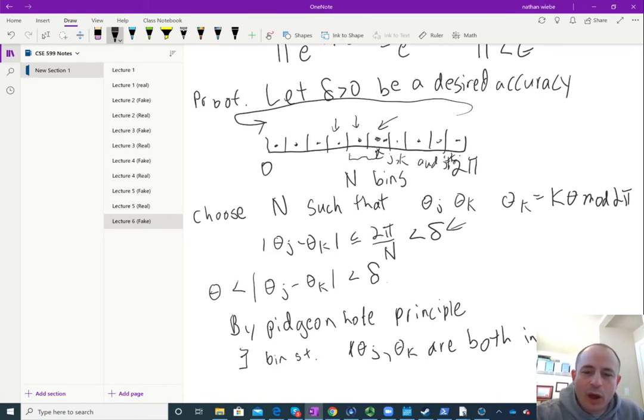However, recall that this is less than delta. So since the spacing is less than delta, at least one of them has to include delta from that. Therefore something must at least have two outcomes inside a single bin.